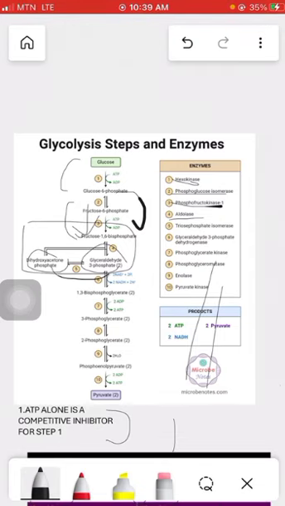And we will get 2 molecules of glyceraldehyde 3-phosphate in step 5, since the dihydroxyacetone phosphate will be converted back to glyceraldehyde 3-phosphate, giving us 2 molecules of glyceraldehyde 3-phosphate. And the enzyme that performs the fifth step is called triose phosphate isomerase.